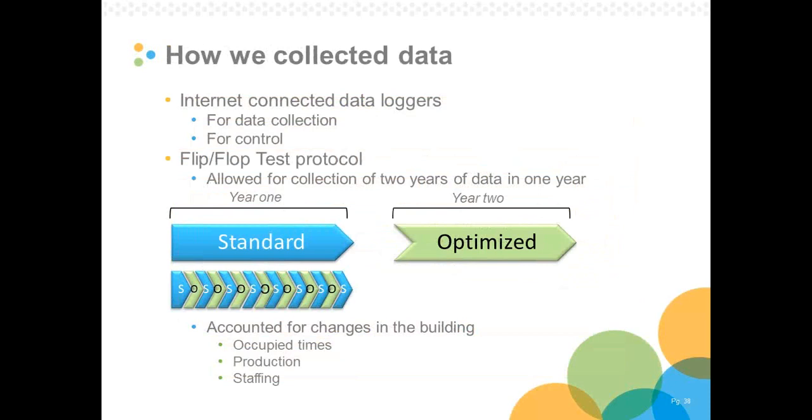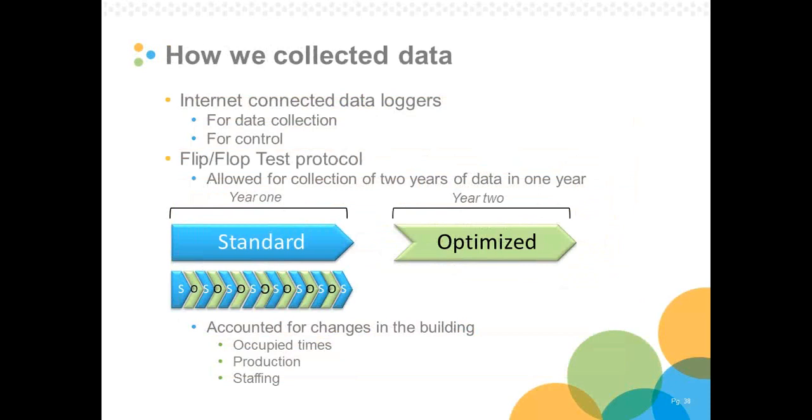The 2 flaws in that theory are that you don't account for changes in weather and changes for occupancy or anything that's happening in that facility. So we deployed a flip-flop test protocol that's depicted in that lower line. We switched between standard and optimized on a weekly basis in order to account for those occupancy changes, those production changes, and staffing changes.